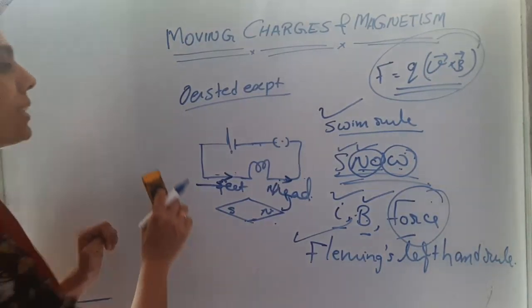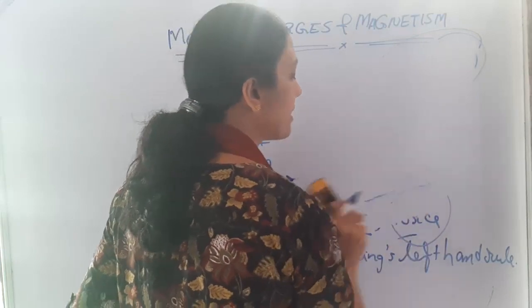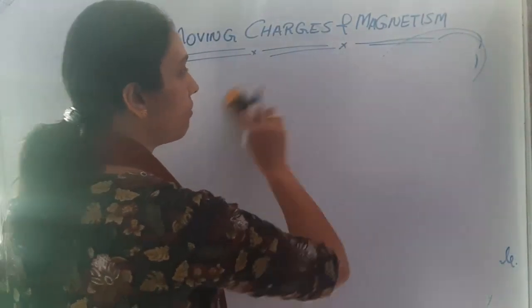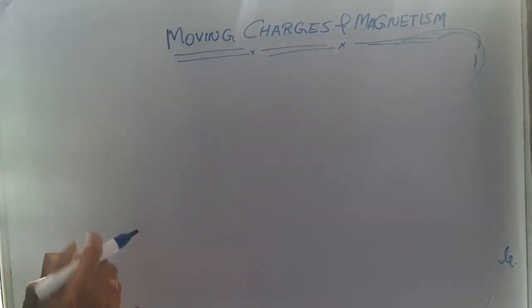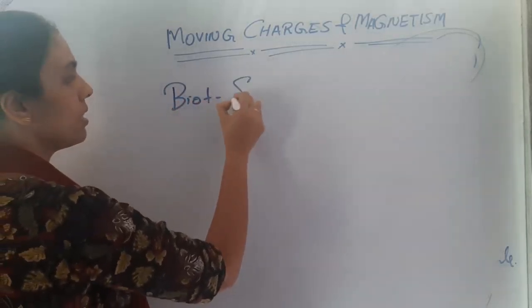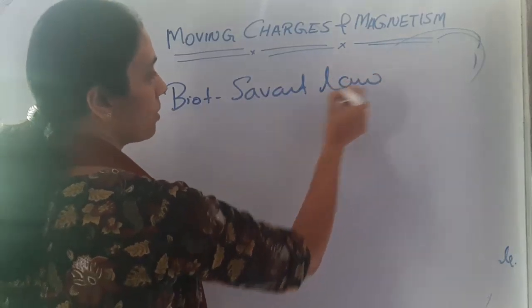Okay, now next, how can we find out the magnetic field intensity, or the magnetic flux density? For that we will be using the Biot-Savart law. What is this law?